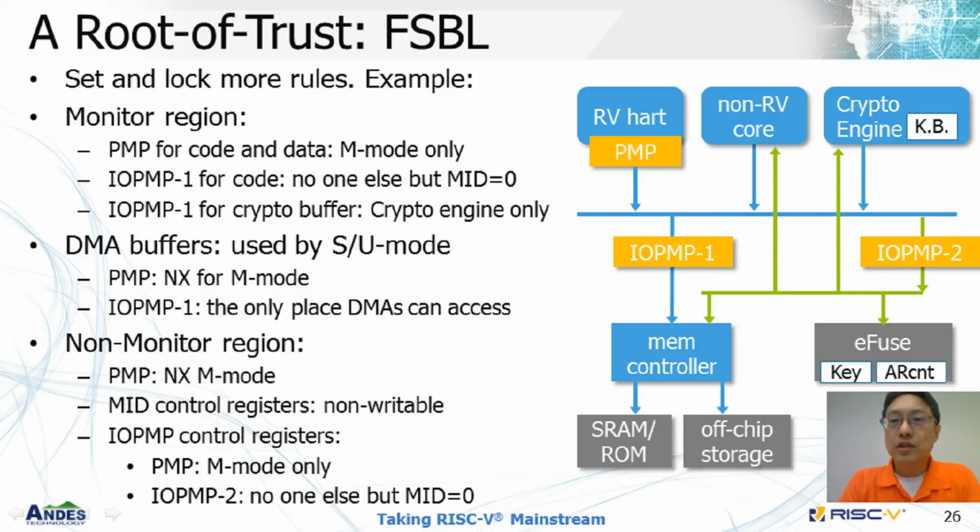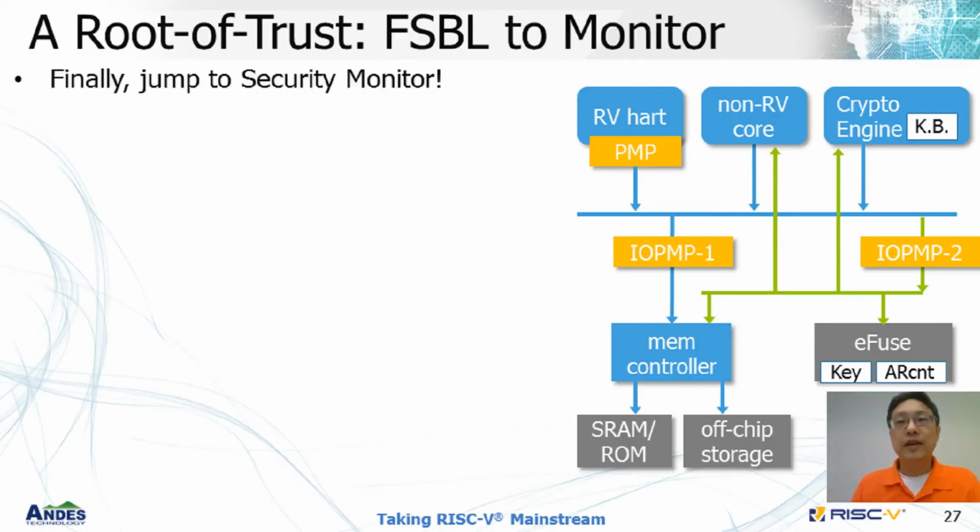This slide shows some examples of these settings. Basically, we do it according to the requirements we mentioned before. We want to give better protection to the security monitor and limit DMA's access to certain permitted regions. Some control registers such as MIDs and IOPMPs should be disabled or limited. Finally, we can jump to the security monitor. That is our example.